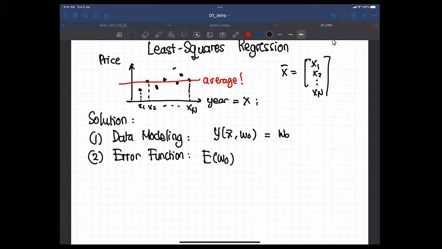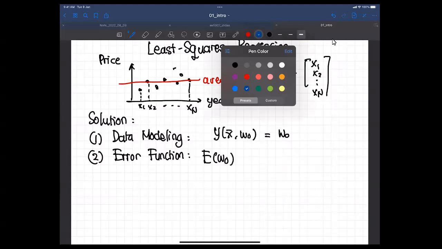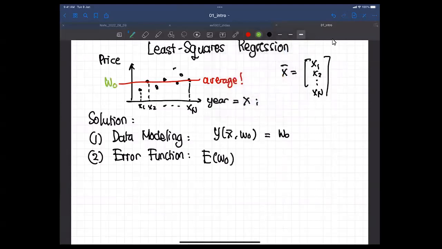So W0 here is actually that red line, and we want to know what is the value of this W0. Your classmate mentioned that it has to be the average. So how can we define the error function?